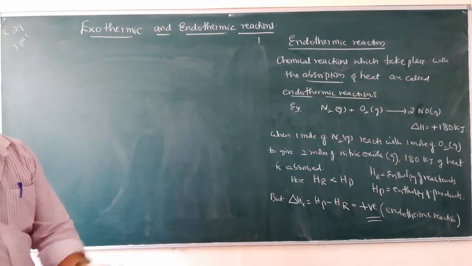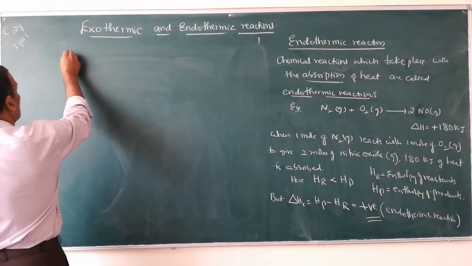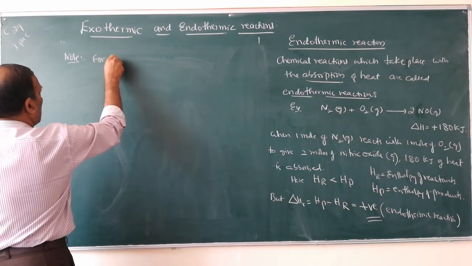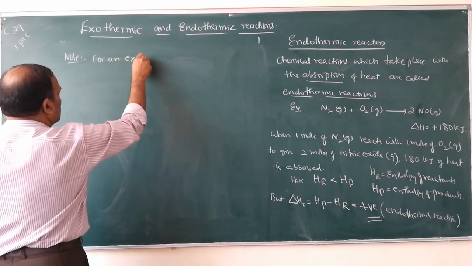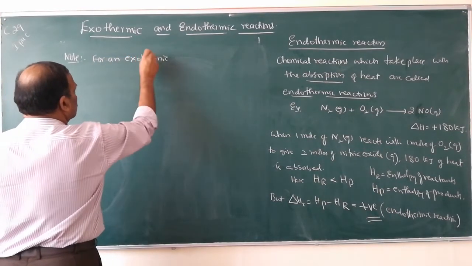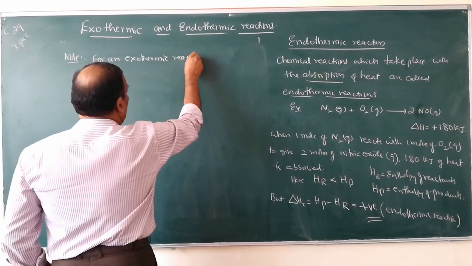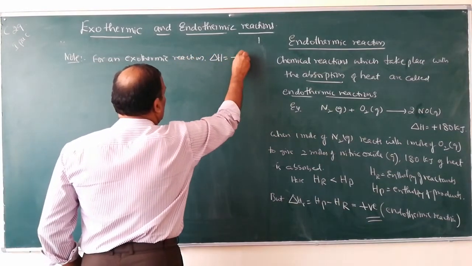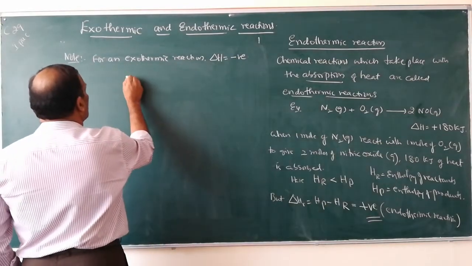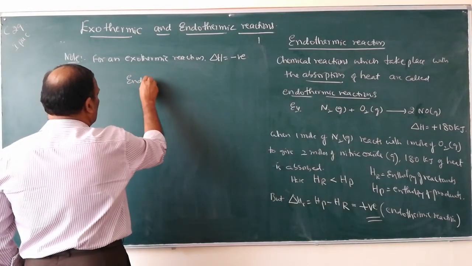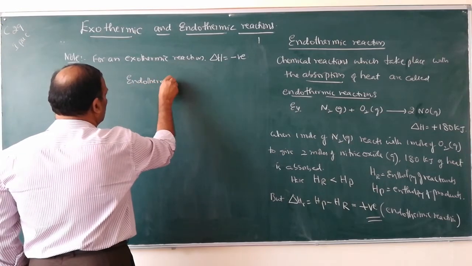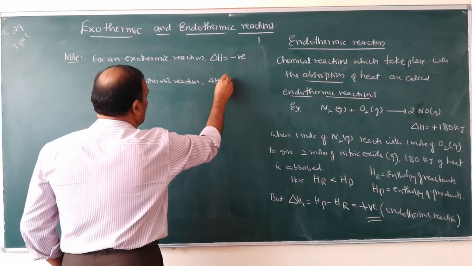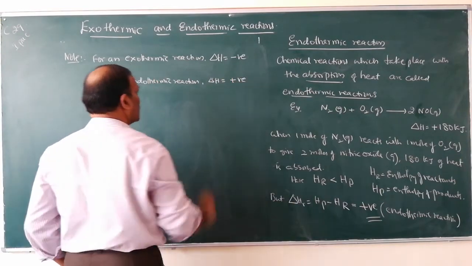So now write a note. For an exothermic reaction, delta H equals negative. For an endothermic reaction, delta H equals positive.